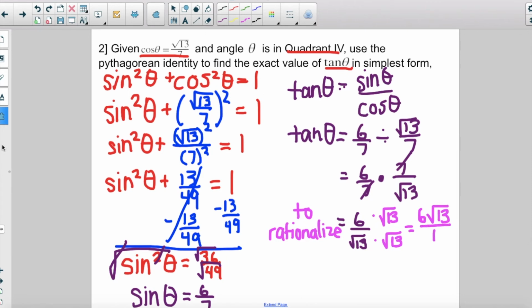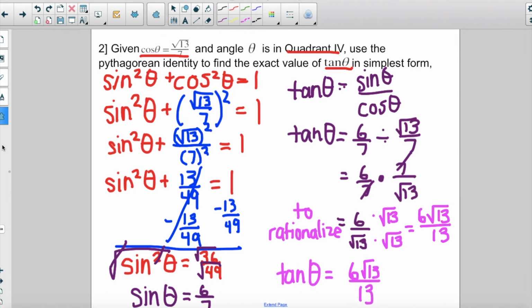Radical 13 times radical 13 just becomes 13. The square root goes away. So now we have tangent of theta is equal to 6 radical 13 over 13.